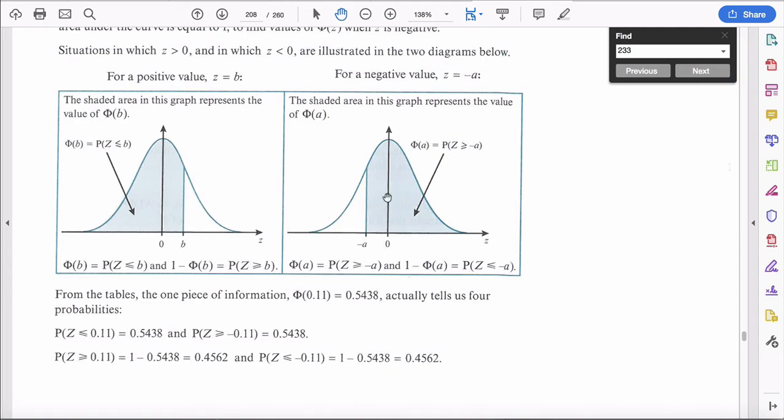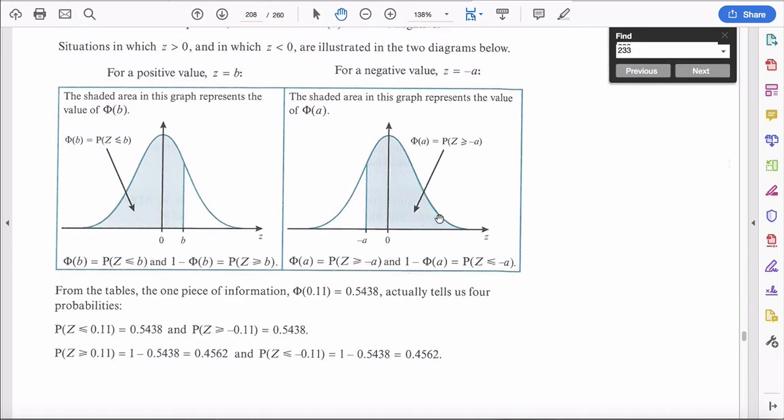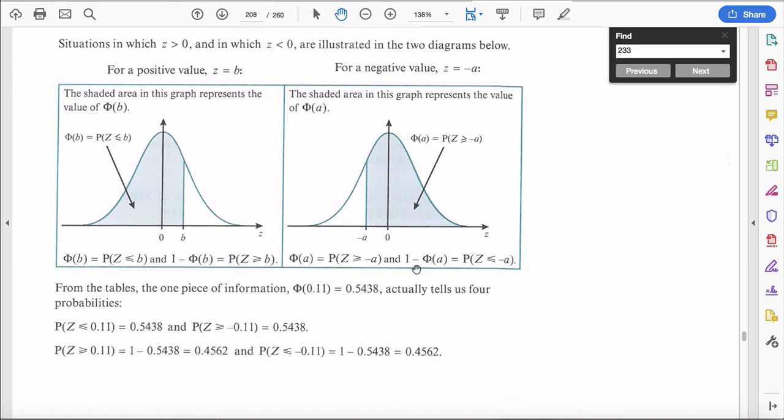Is this region the same as this region? In terms of area, they are the same. They are as if reflected. So when you are looking for probability of z greater than a negative number, you can find phi of positive a. It is as if reflected here.